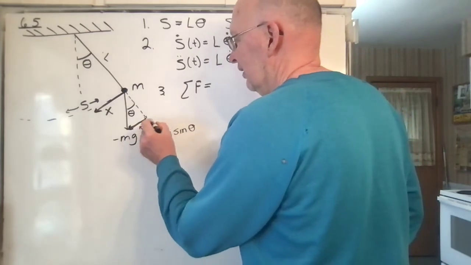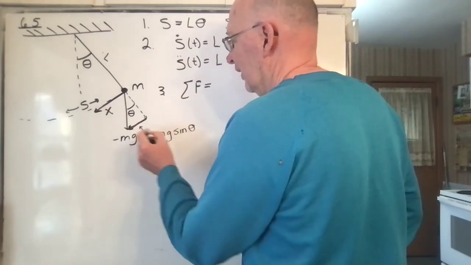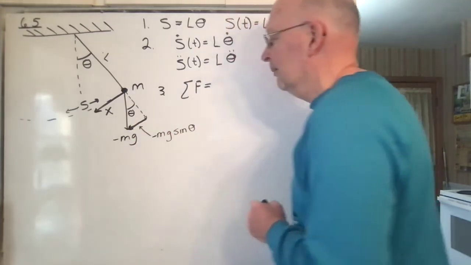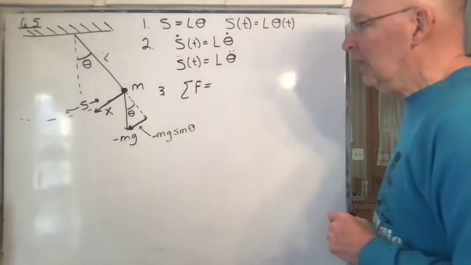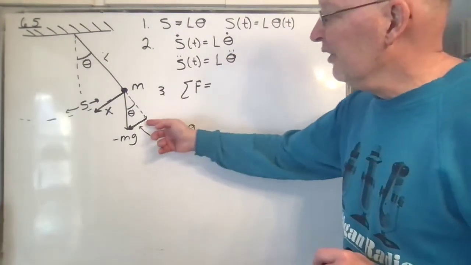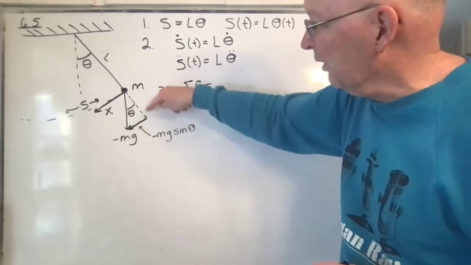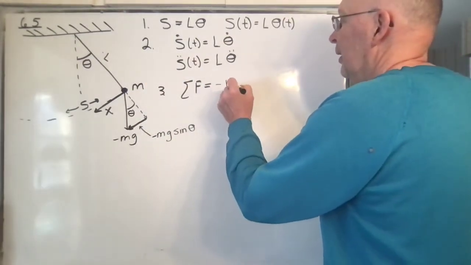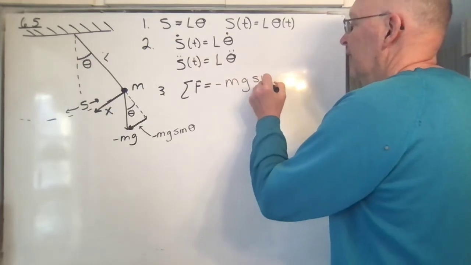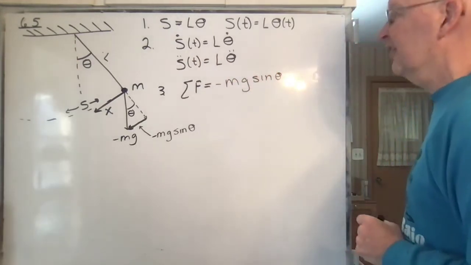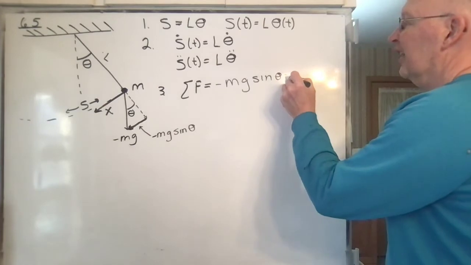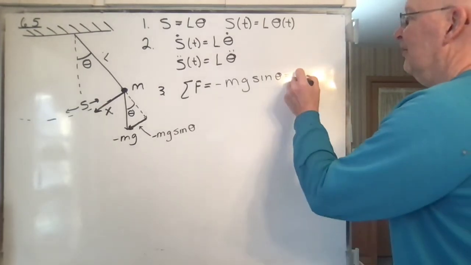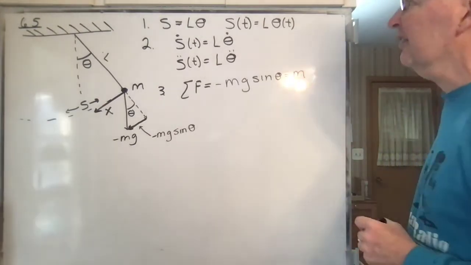And the vector is going to be negative mg sine of theta. So there's that vector right there. This part gets canceled out. So there's the sum of the forces, negative mg sine of theta, and that's equal to, according to Newton's second law, the mass times the acceleration, and there's your mass.